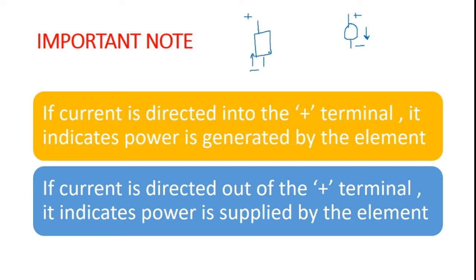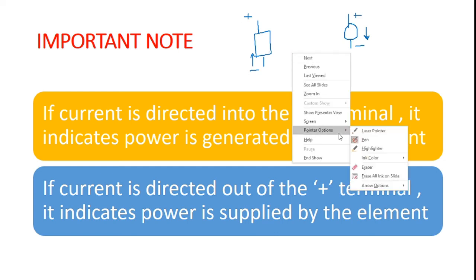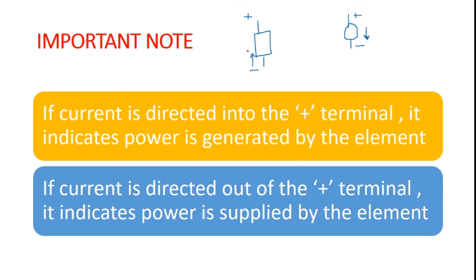I'll make my point clear once again. If the arrow mark is present towards the positive terminal, directed into the positive terminal, then we can say that this element generates the particular power. Whereas when the current is directed out of the particular terminal, what happens?